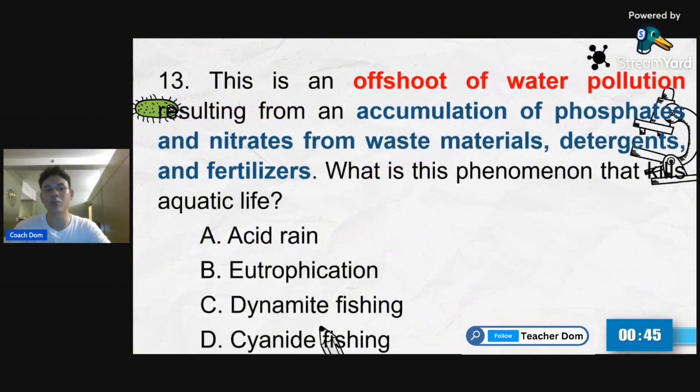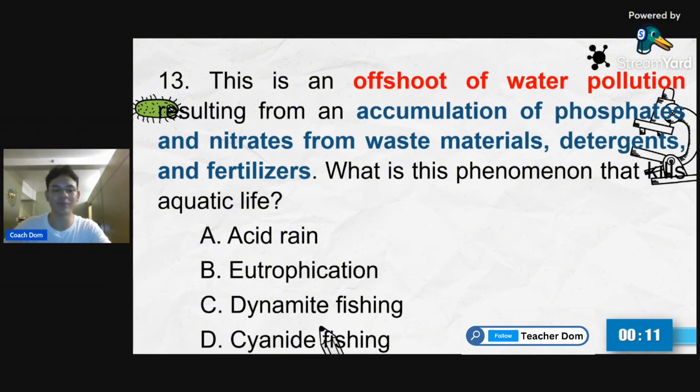Next question, question number 13. This is an offshoot of water pollution resulting from an accumulation of phosphates and nitrates from waste materials, detergents, and fertilizers. What is this phenomenon that kills aquatic life? A, acid rain, B, eutrophication, C, dynamite fishing, or D, cyanide fishing.